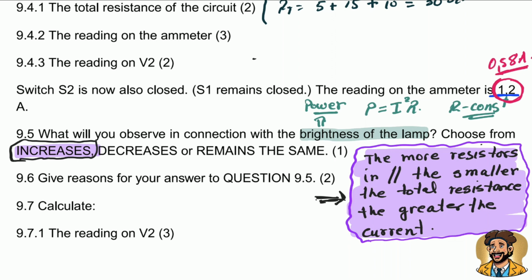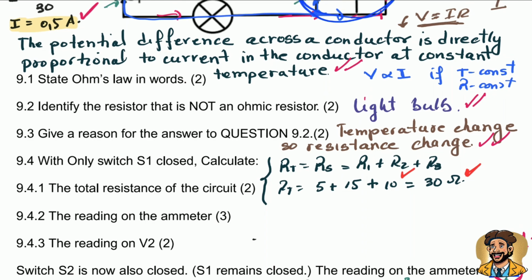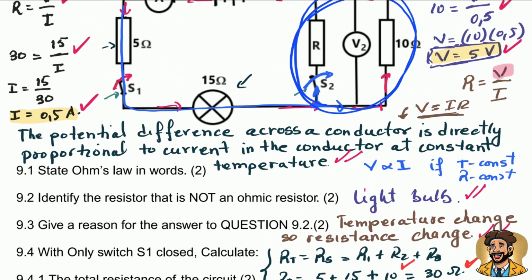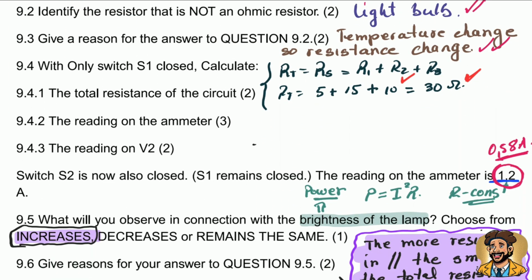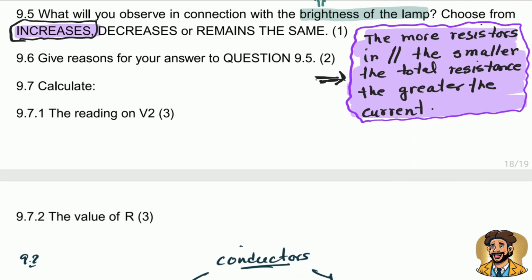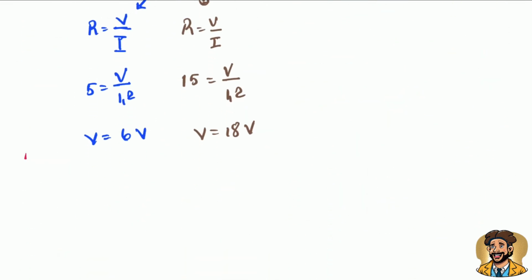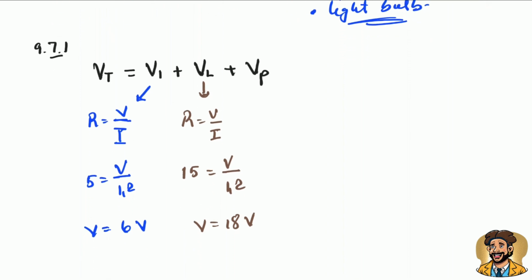That is the new current after we add that resistor in parallel. Note the following: the initial current is 0,5, so this current for sure must be greater, but how big? It depends. 1,2 is a little bit too big, and when you do the calculations, you notice there is a mistake. So this one is wrong because of the substitution.